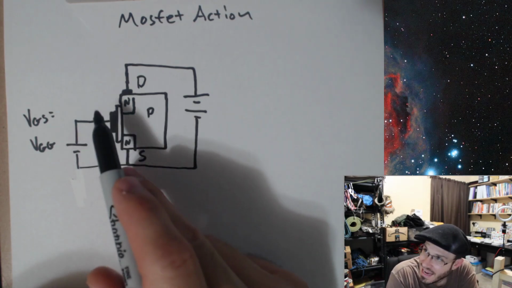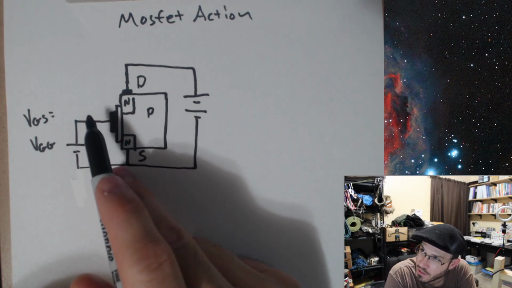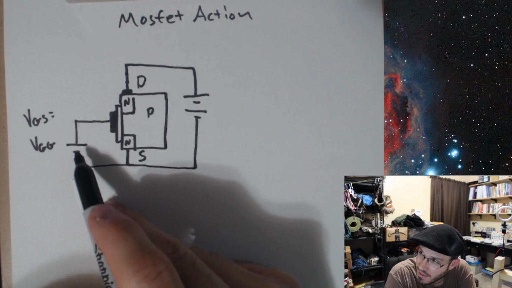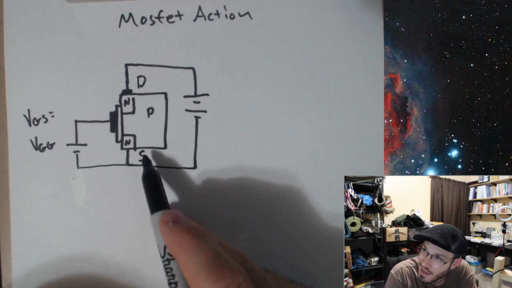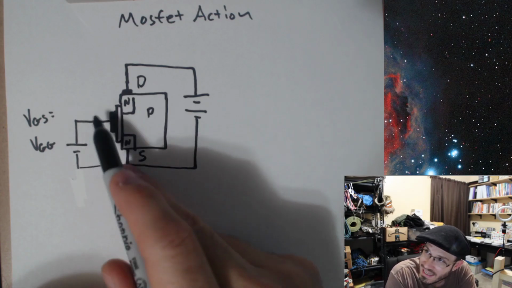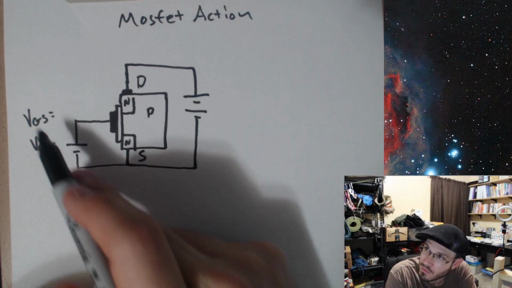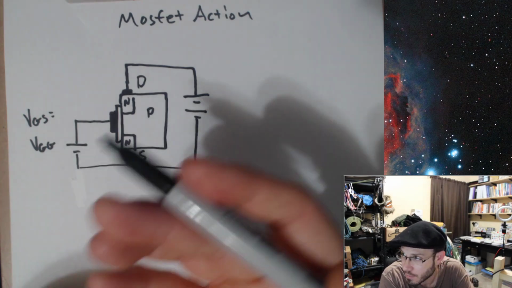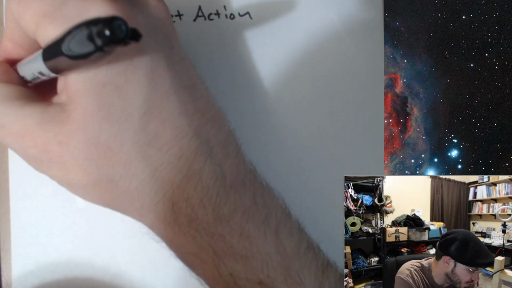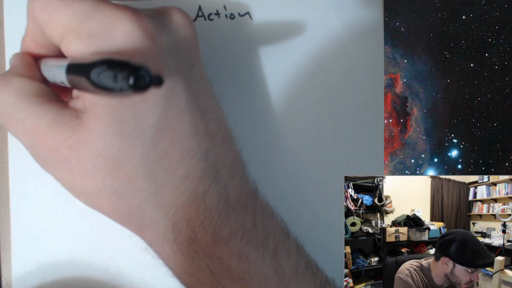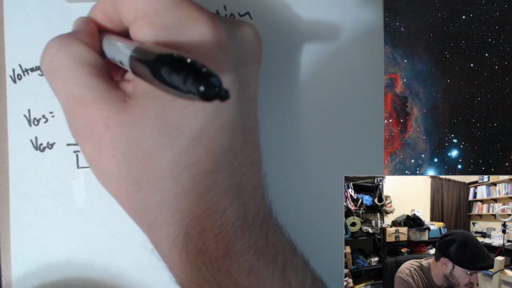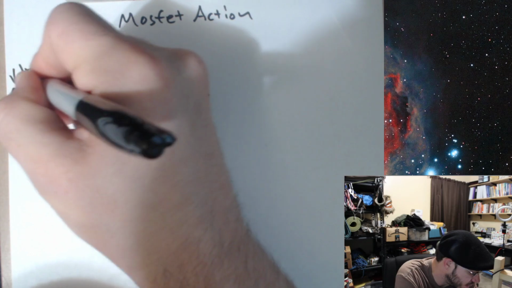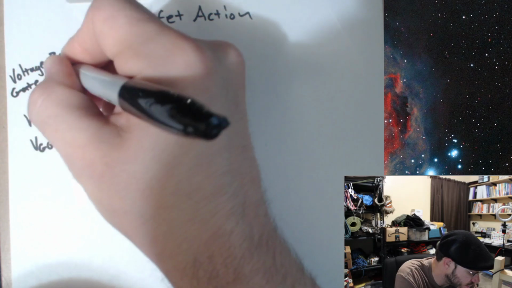The voltage on the gate is just this side of this voltage source, and the other side of that voltage source, VGG, is just tied to S. So the voltage between the gate and the source we would express as V subscript GS. So this is voltage between gate and source.